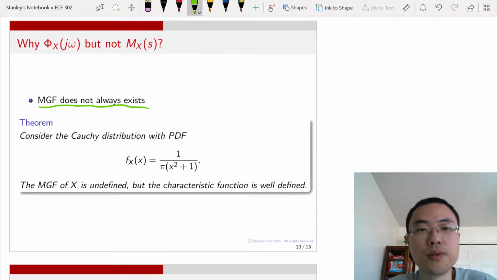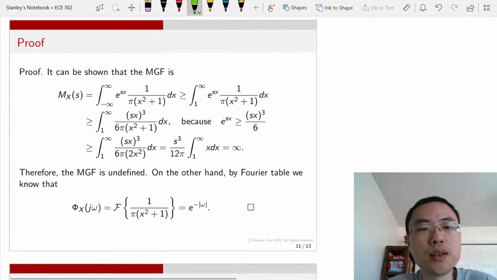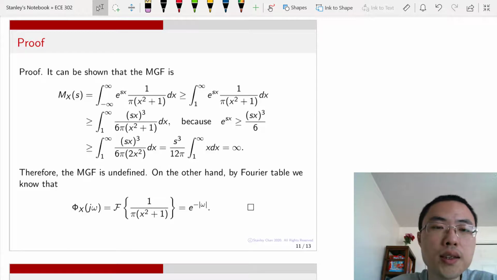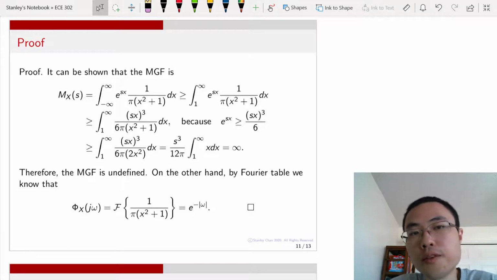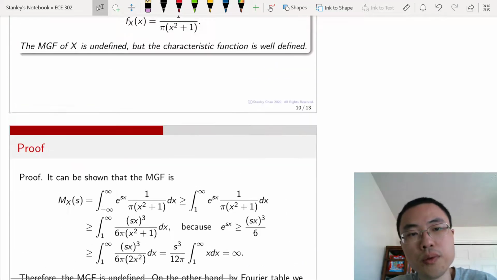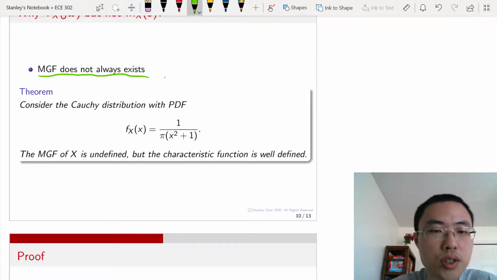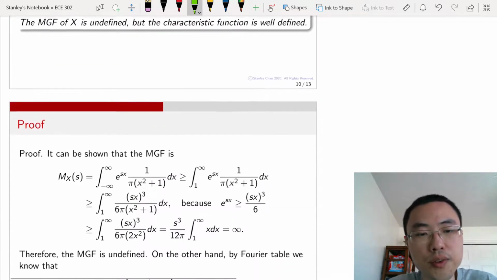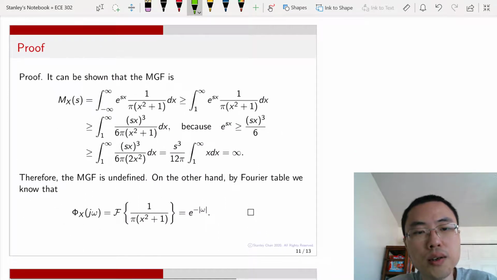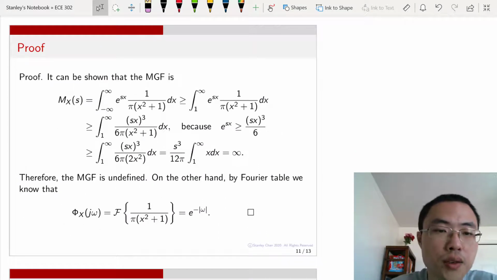Here is a proof of why the moment generating function of this random variable x, this Cauchy distribution with this PDF, doesn't exist. So this is the moment generating function of the Cauchy.